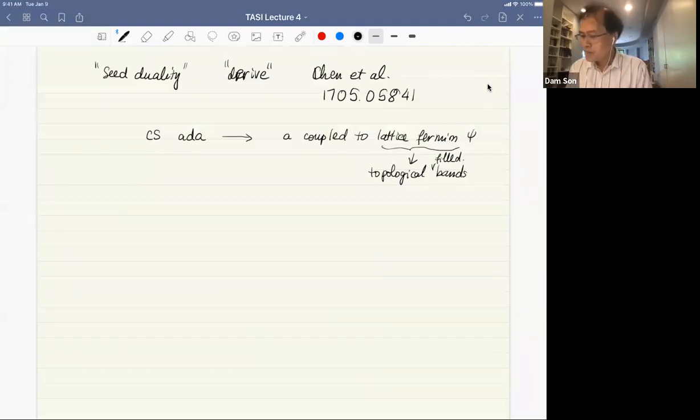And so by discretizing the Chern-Simons term that way, they can show that there is a way to understand the emergence of the duality between a boson and a fermion on the lattice.